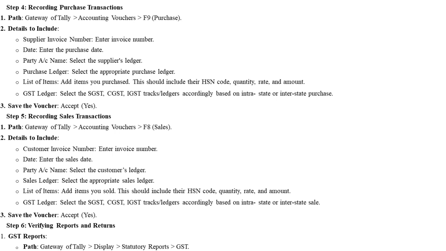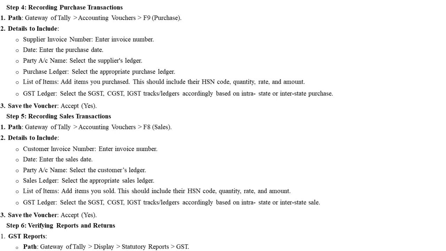This should include their HSN code, quantity, rate, and amount. GST ledger, select the SGST, CGST, IGST ledgers accordingly based on intrastate or interstate sale. 3. Save the voucher, accept, yes.